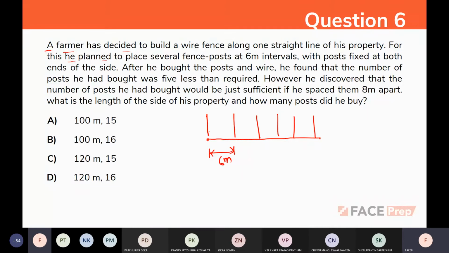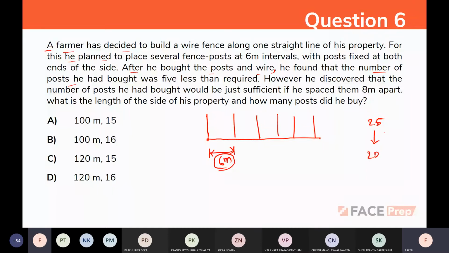After he bought the posts and wire to fence his land, he found that the number he bought was 5 less than required. So if he required 25 previously for the 6-meter plan, he only bought 20.